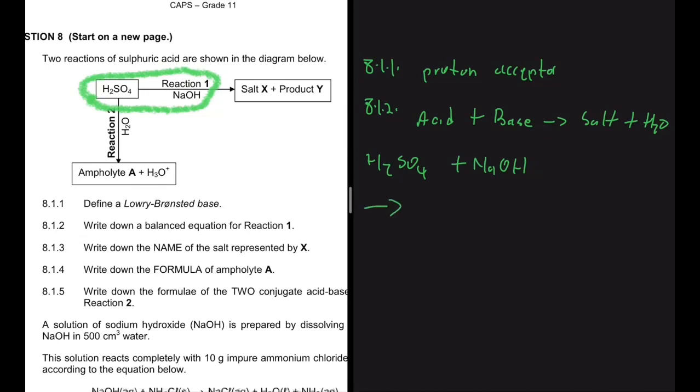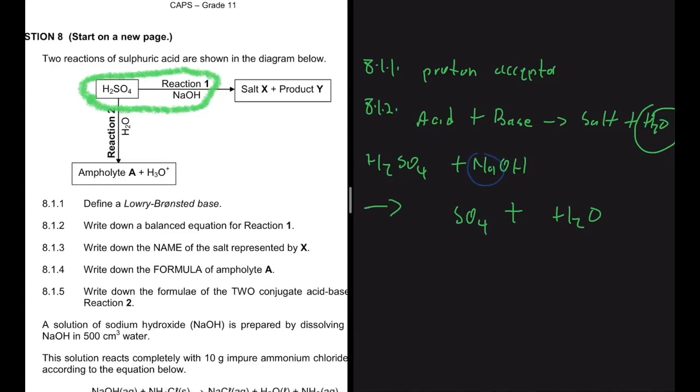So we need the acid to donate protons, and then we need the base to accept. So when the acid donates, we're going to have this H2O here from the general formula. If the acid donates its hydrogens, we're going to be left with SO4.